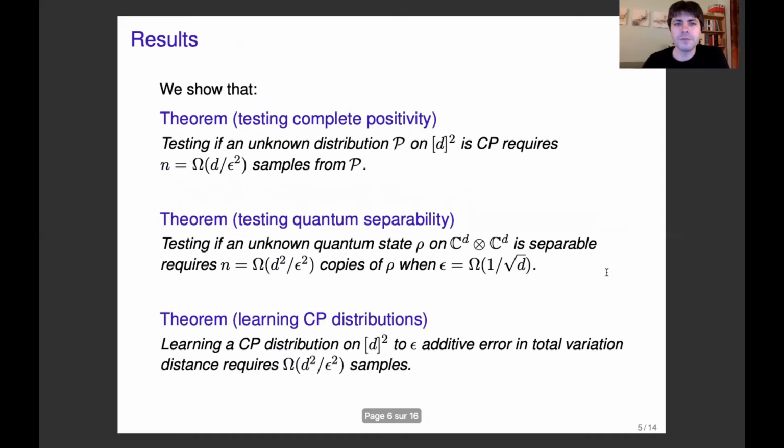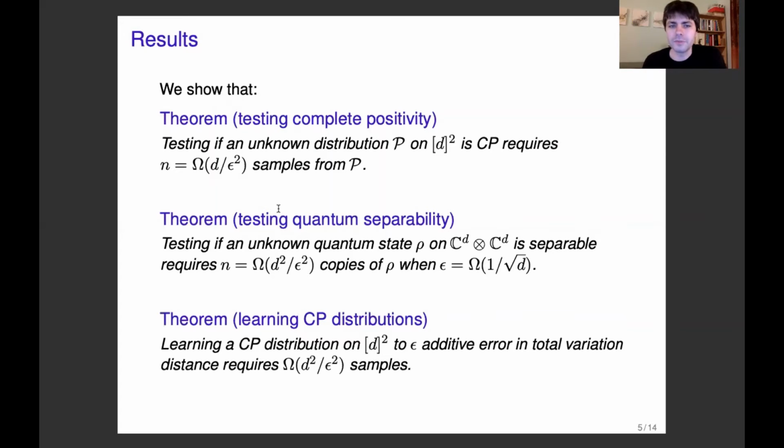Now, in our paper, we showed that testing complete positivity requires d over epsilon squared samples from P. We do this by reducing to the problem of testing whether P is the uniform distribution on omega or epsilon far from all completely positive distributions on omega.